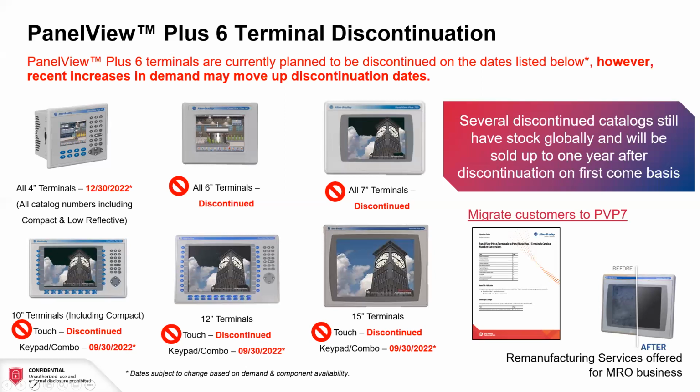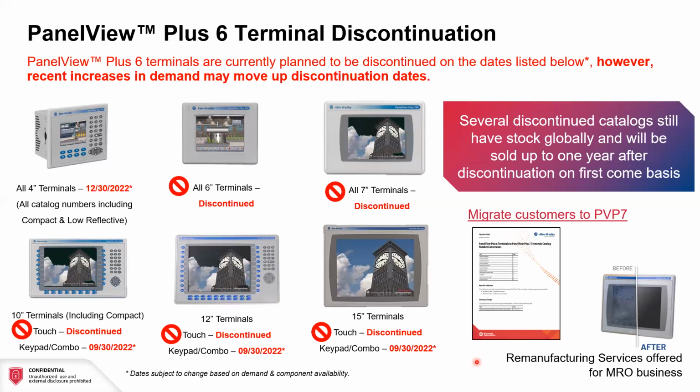One thing to note at the bottom is Rockwell does a really nice job of publishing migration guides, and there are numerous PanelView migration guides that will show you how to take a PanelView Plus 6 to a PanelView Plus 7, or even if you have an older PanelView Plus Standard, take it to a 6 or to the 7.